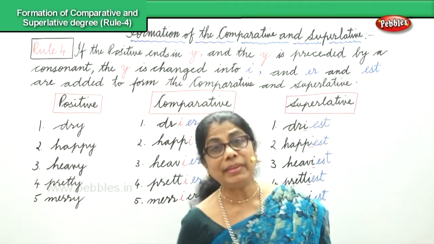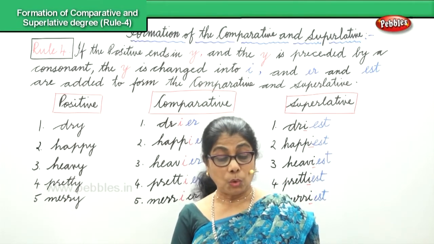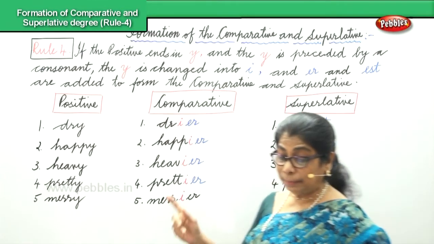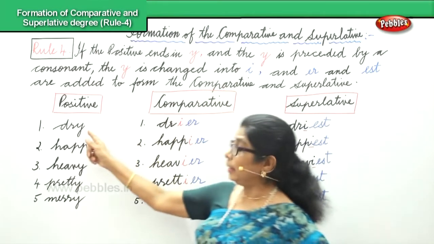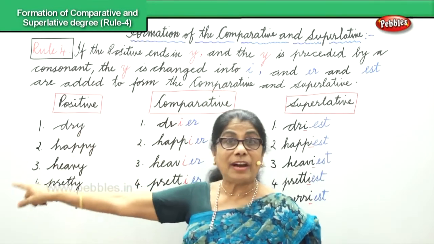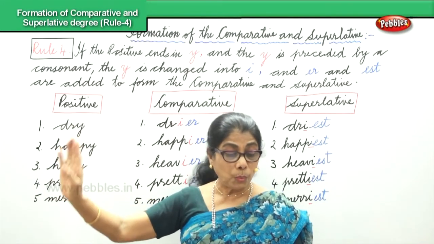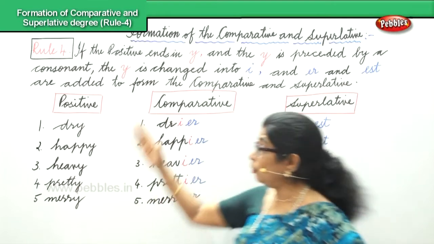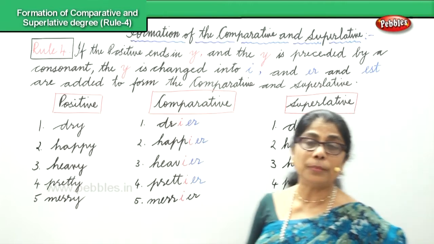But we can also say, if the Y is preceded by a vowel, then what happens? You leave the Y as it is, you add ER to form the comparative and EST to form the superlative.